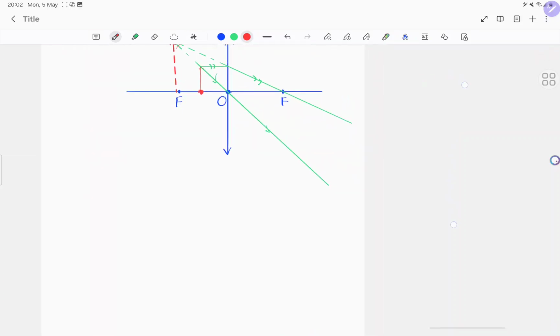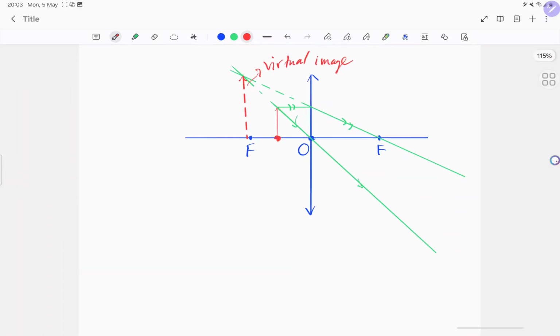And what is the condition for you to get the real one and the virtual one? It is the distance of the object to the lens.